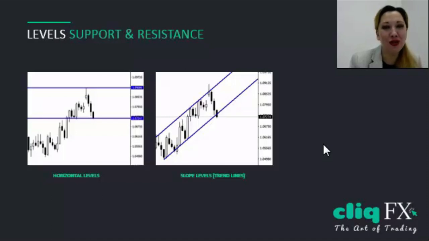To draw a horizontal line, support or resistance, it doesn't matter, you need only one price: an extremum or strong price, a high or low, maximum, minimum, you can give it lots of names, but only one price is necessary. To draw a sloped trend line, you need at least two prices, two maximums or two minimums, two swing lows or two swing highs. This is the main rule.